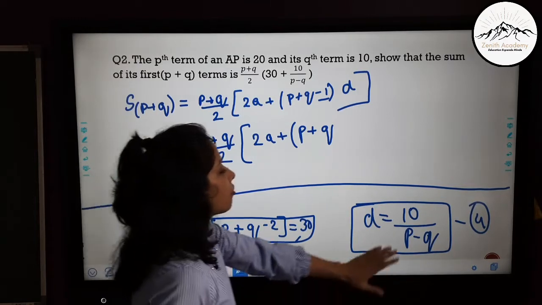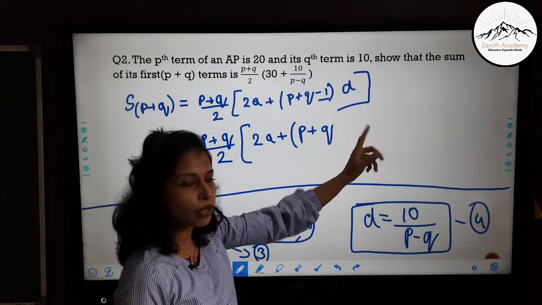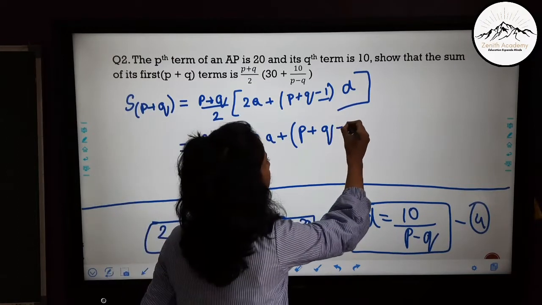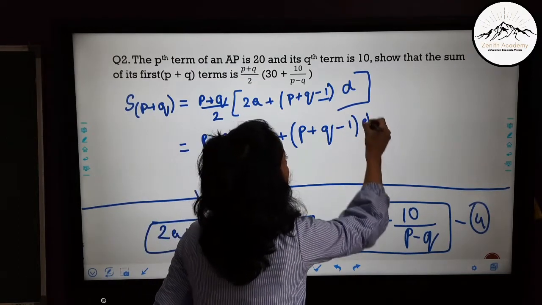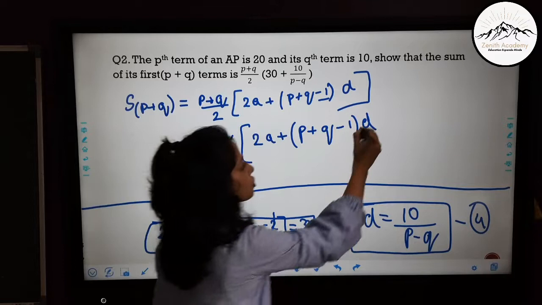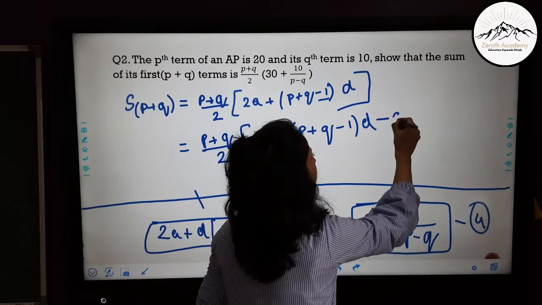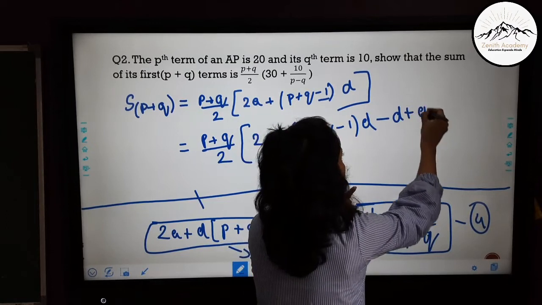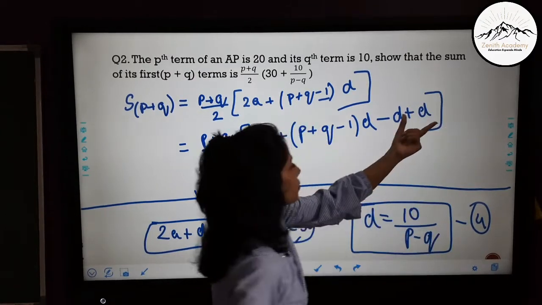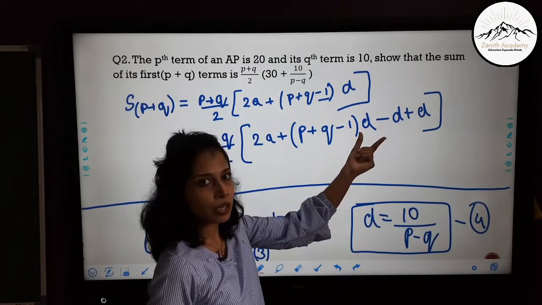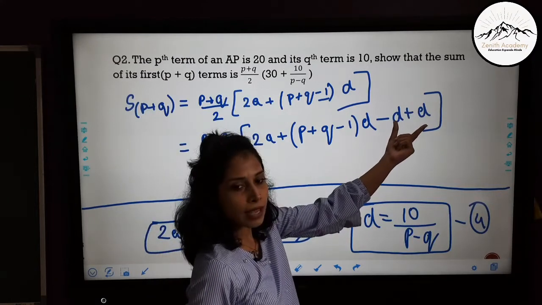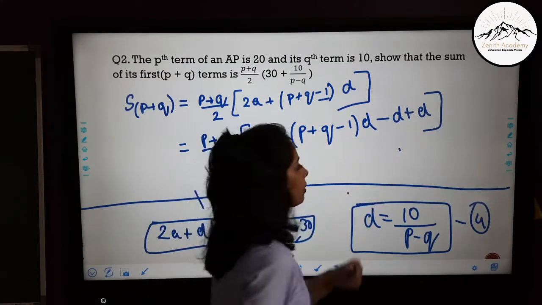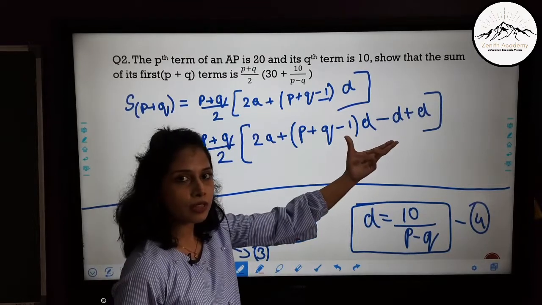So when we need to introduce an extra value of d, how can we introduce that? This is our equation. When we introduce d, it will be minus d and plus d together, because if they cancel out, there is no value here. So we can introduce it like this, minus d and plus d together. This will make no change in this equation.